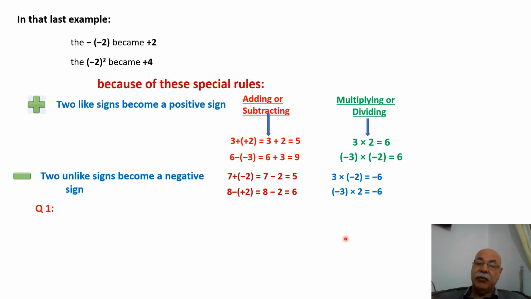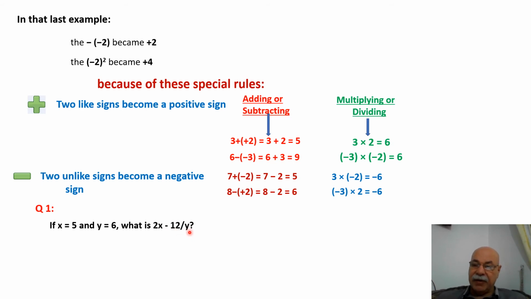Question 1. I give you this question in order to practice, solve it, and write the answer to me in the comment, please. If x equals 5 and y equals 6, what is 2x minus 12 over y?